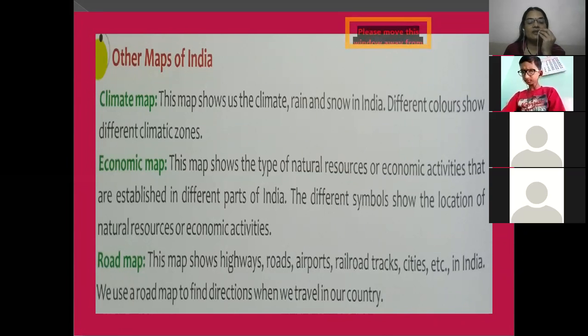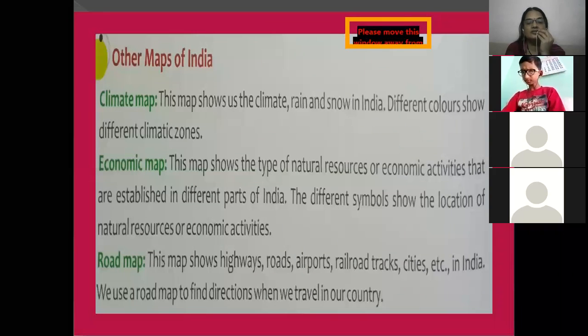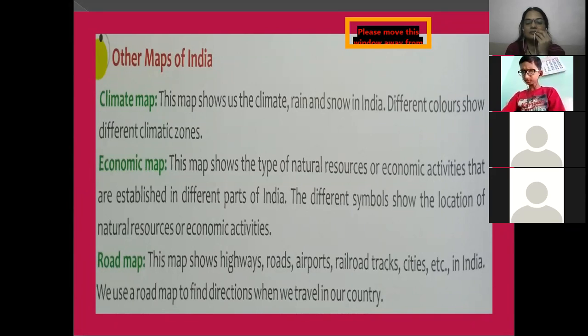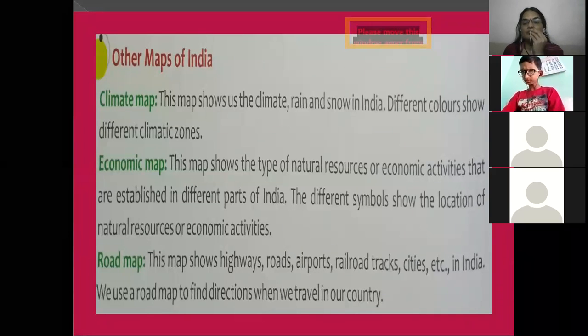So a political map gives the political boundaries of a country, which explains about the continents, states. And the other different maps also give us explanation about that particular place, and different symbols are also there in map studying, students.